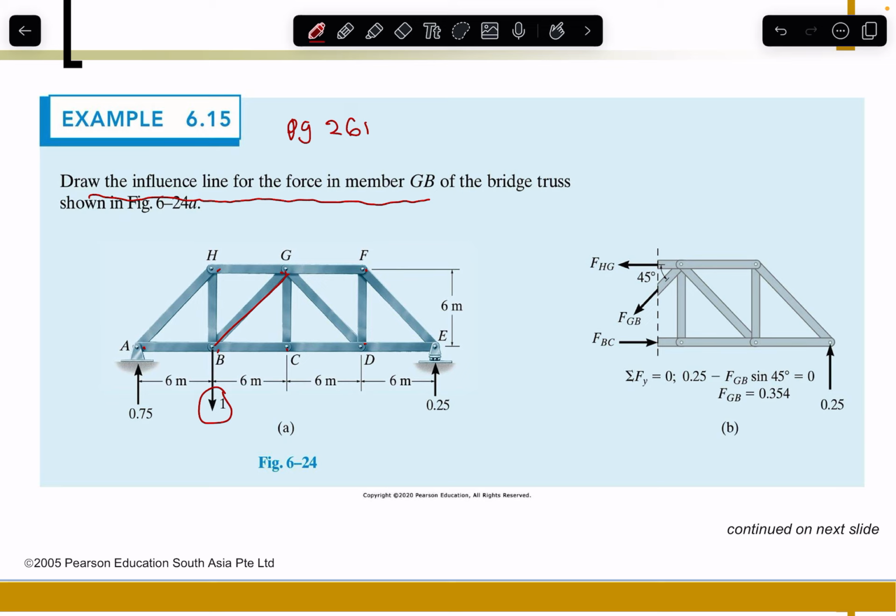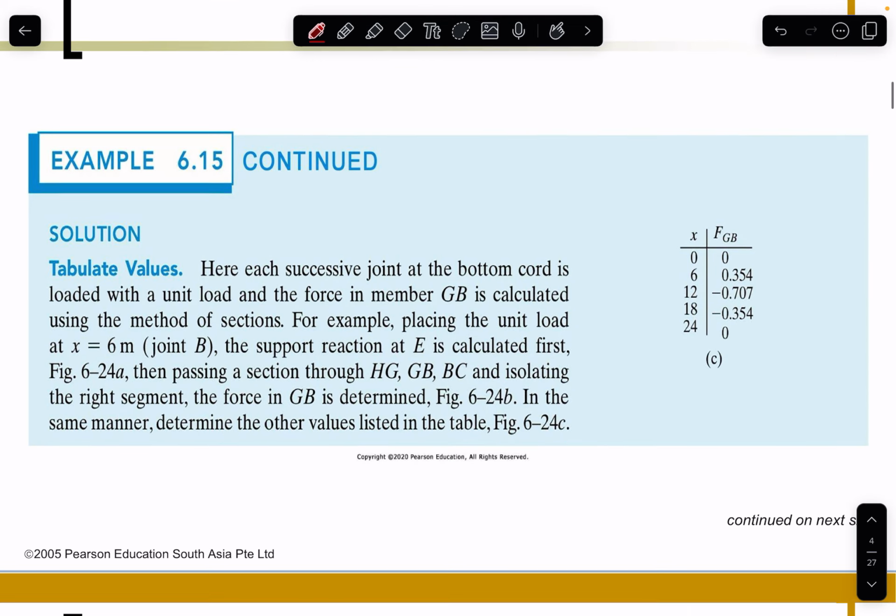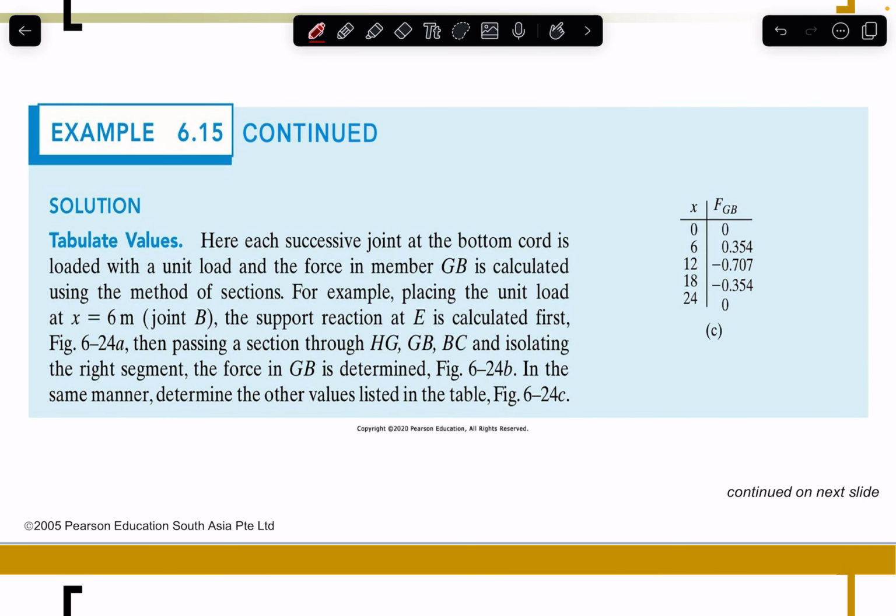As we understand from the concept of the bridge, all the load must be applied at a joint. If you still remember, for the influence line we have two approaches, whether to use the tabulated value or the influence line equation. To draw the influence line for a bridge truss, it is recommended to use the tabulated value. As I mentioned just now, for a truss we have to apply 1 unit force to each joint.